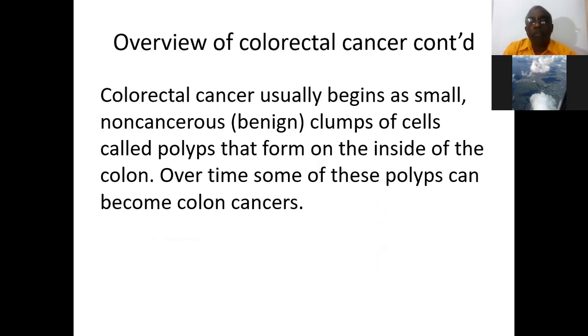So, an overview of colorectal cancer. Colorectal cancer usually begins as small, non-cancerous clumps of cells called polyps that form on the inside of the colon, or an area that we call the mucosa.